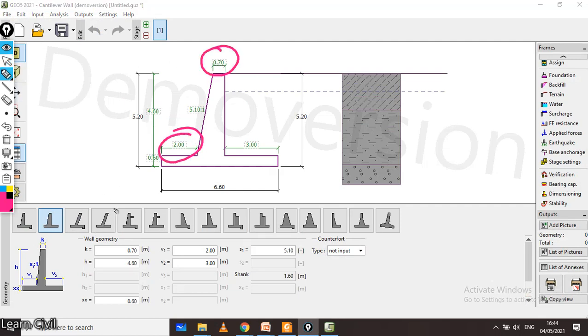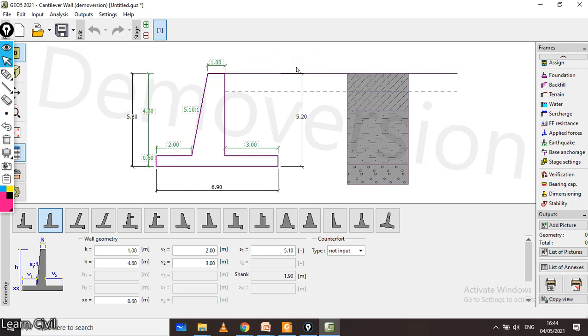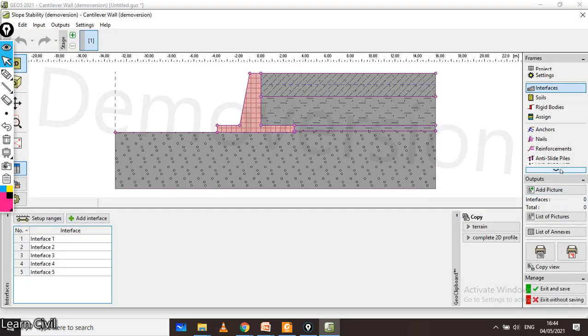So till now we have increased the dimensions. Let us increase the top width of the stem from 0.6 meter to 1 meter. Let us check what happens. Go to the stability option again, click here. Under this stability you have one more option, the analysis option.